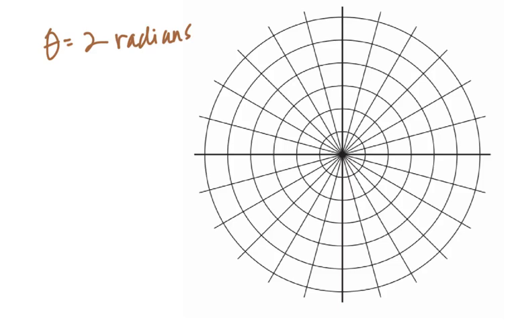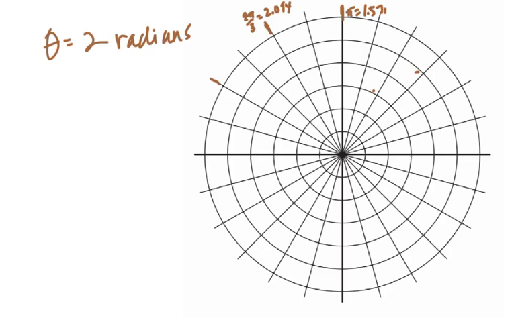Now that's in between pi over 2, which is 1.571 radians, and 2 pi over 3, which is 2.094 radians. So it's somewhere in between these two.